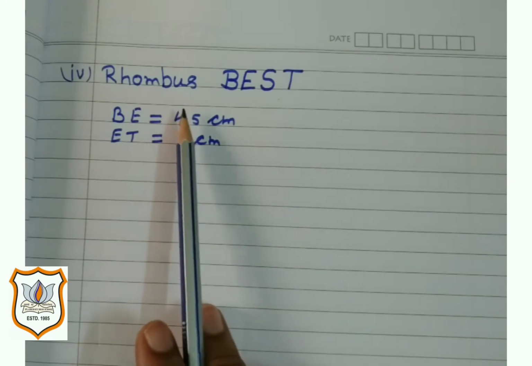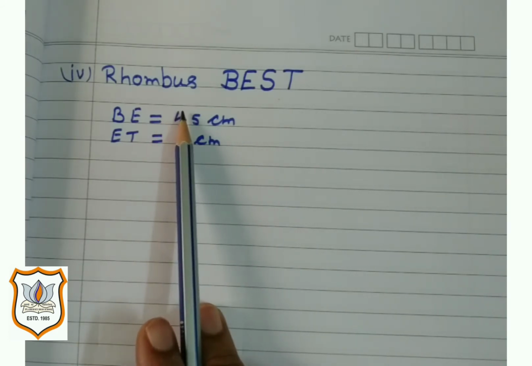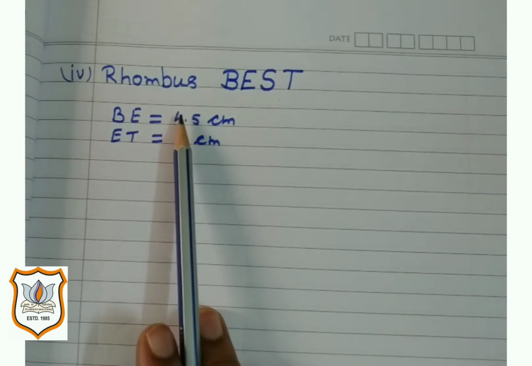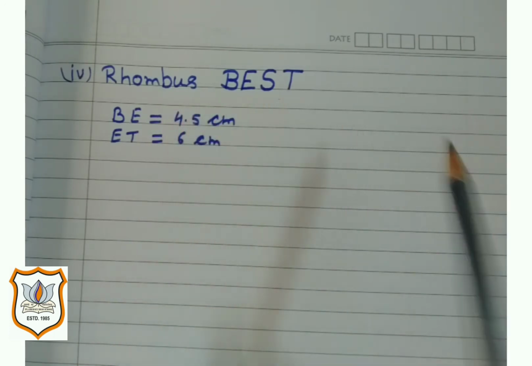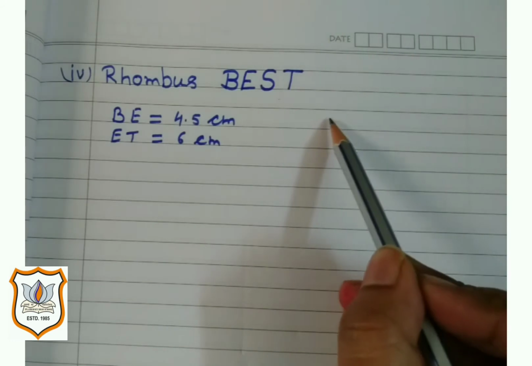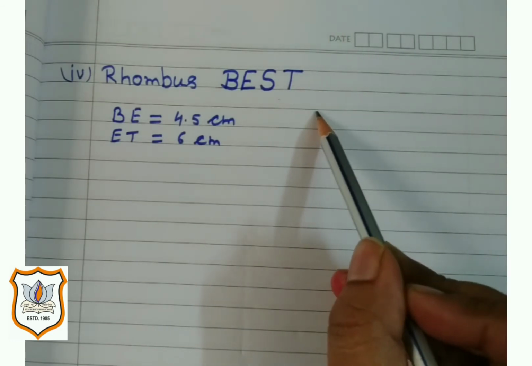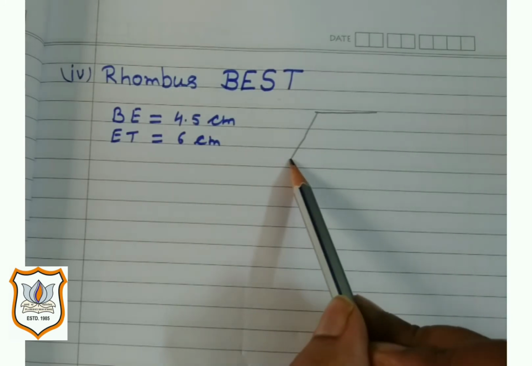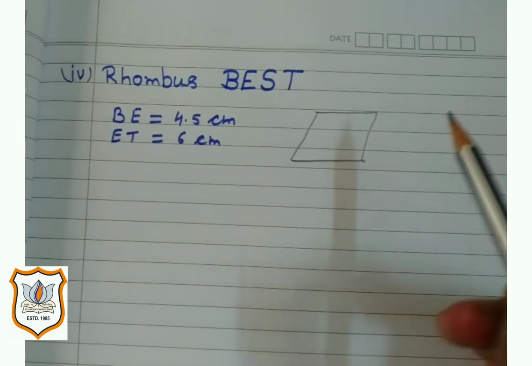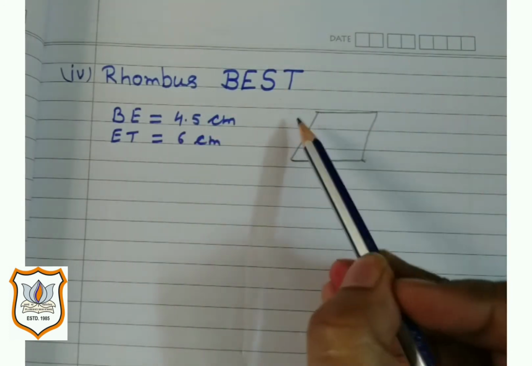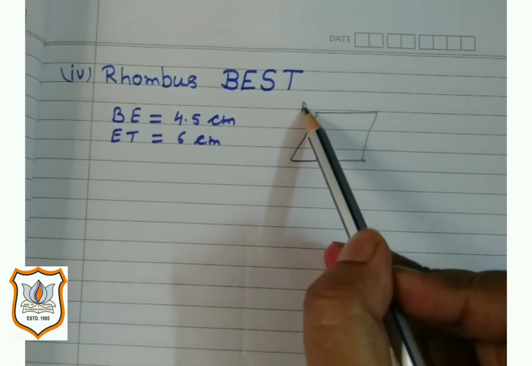I have told you in chapter 3 that all four sides of a rhombus are equal. First, we will draw a rough sketch. So we draw, this is a rhombus, this is a rough sketch, students.